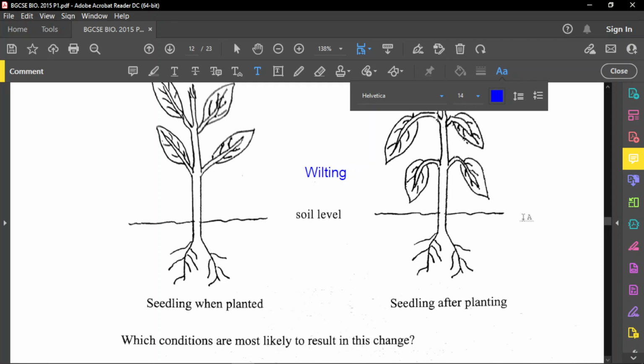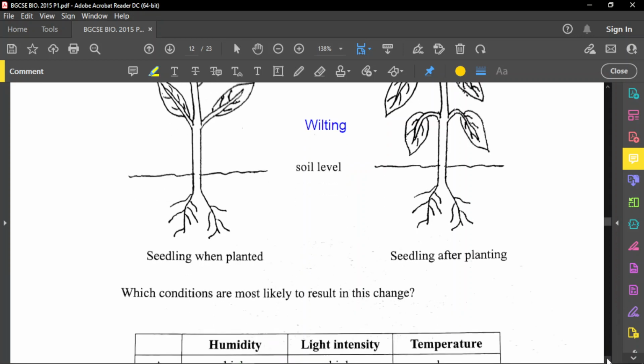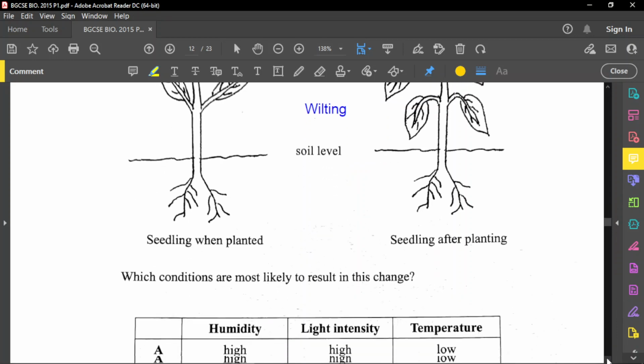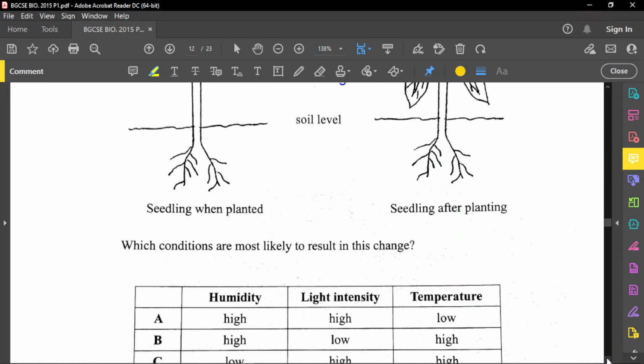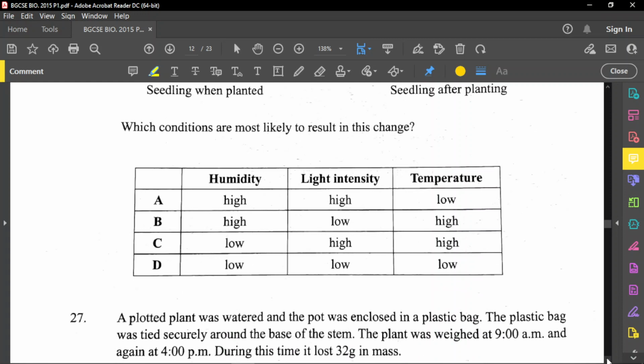And wilting is a result of the loss of water in the plant. Particularly, the plant is losing more water than what it can take up. So that is definitely wilting. It said, which conditions are most likely to result in this change? So from where the plant is turgid to where it becomes flaccid and wilts.